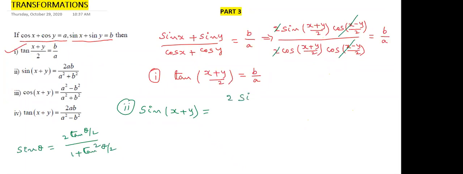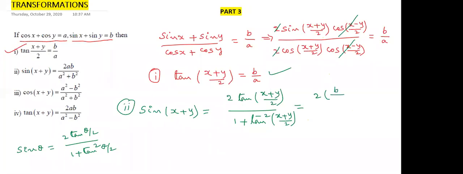Sin of (x plus y) is 2 tan (x plus y) by 2 divided by 1 plus tan square (x plus y) by 2. So already we know that tan of (x plus y) by 2 is b by a. Substitute: 2 into b by a divided by 1 plus (b by a) whole square.